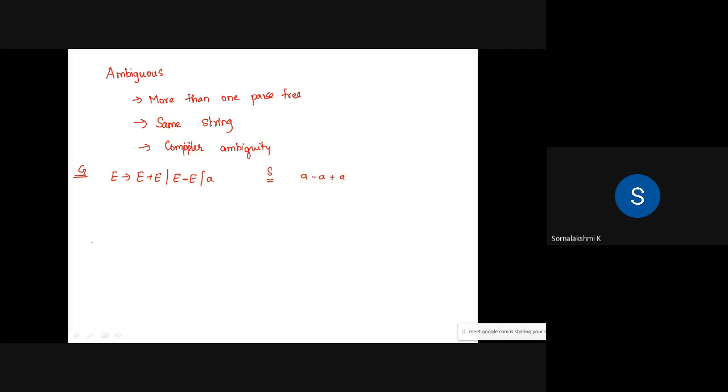So there are two ways I can do it. I'll choose a leftmost or a rightmost derivation. So E, I'll try to expand E with E plus E first. I know plus occurs at the end, am I right? So what should I do after I do E plus E?